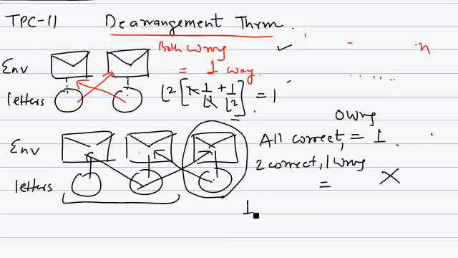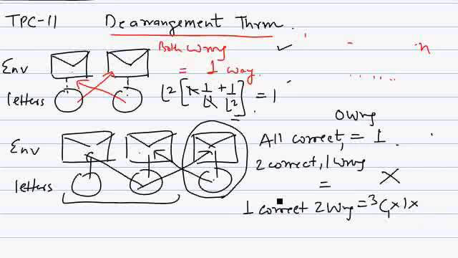We say 1 correct, 2 wrong. Yes, possible. We choose one letter that will go in the correct envelope, 3C1. Out of 3, choose the one which will go correct, place that in one way in the correct envelope, and then two objects are left, and we have to place both of them wrong.